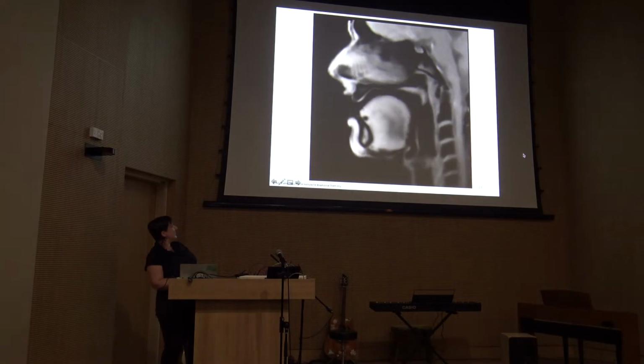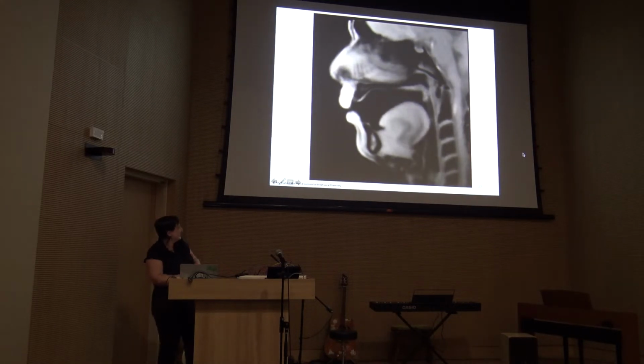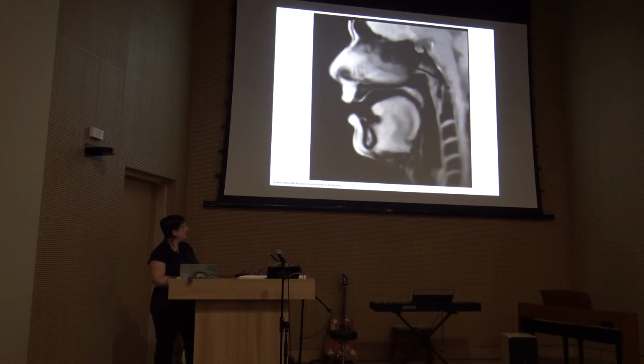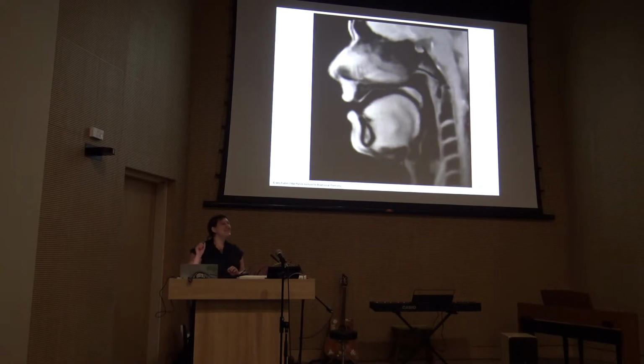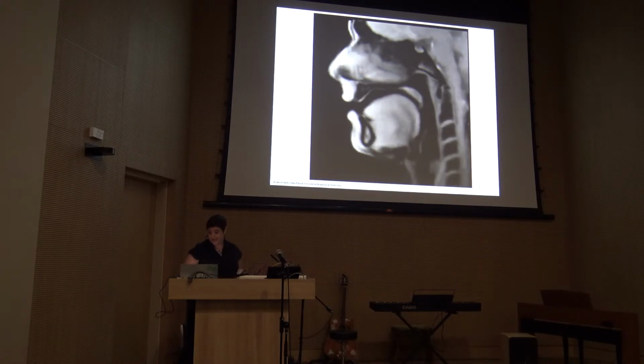A, E, I, O. What's nice about vowels is that they're very simple from a mechanical perspective. If the vocal folds are vibrating and the mouth is open, it's a vowel. The only thing that differs is the shape of the resonator above that vocal source.